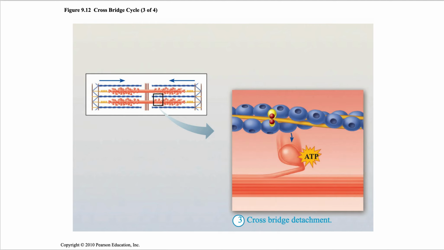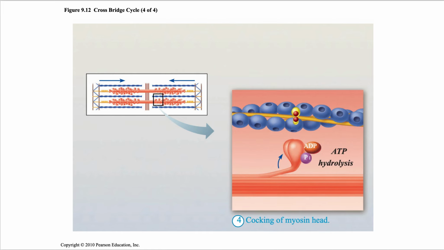Now, if a new ATP then binds to it, so ATP is like money. I need another dollar to spend. The ATP binds to it, it changes shape again. And as it changes shape, it detaches the cross bridge, it detaches away from the actin, and then as it breaks the ATP apart, it's going to recock.